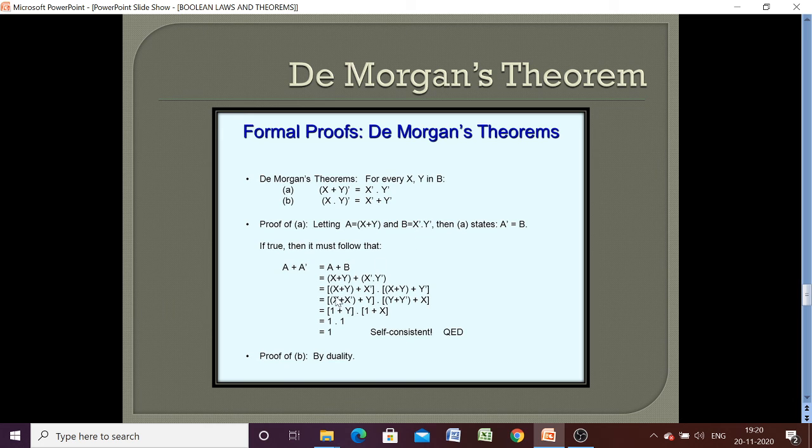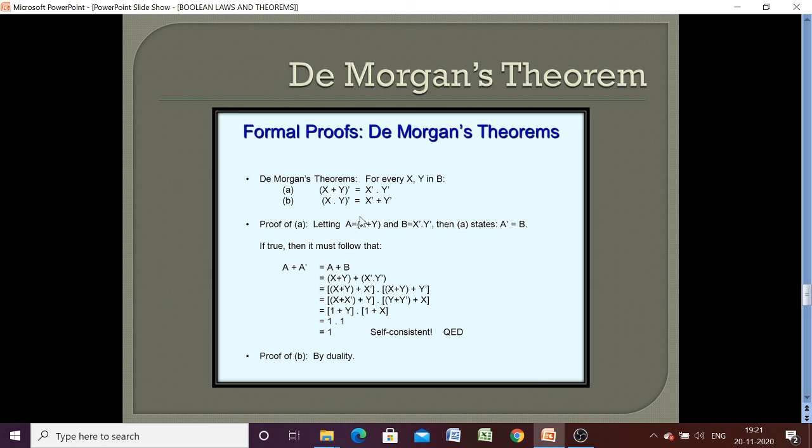Now using the distributive law, this can be expanded as this one and this can be expanded as this one. Now bringing these two parts, x plus x complement and here y plus y complement, we know that x plus x complement gives 1 and y plus y complement again gives us 1. And if 1 is ORed with any logical variable, the result will be 1, and we know that 1 AND 1 is 1. So since this has been proved, it means this statement is true.